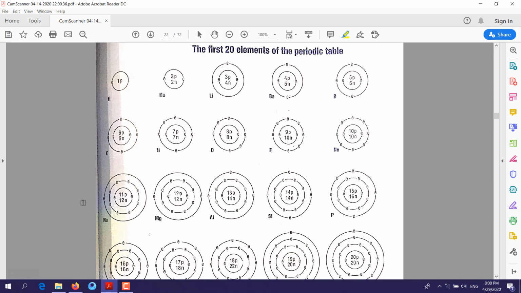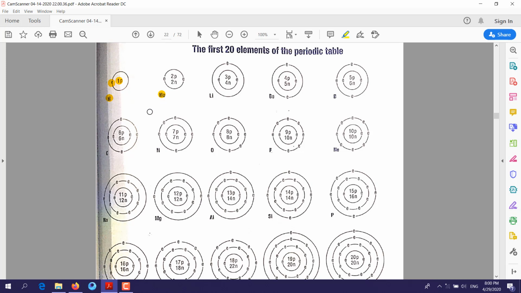For example, the first one, H, which is hydrogen. Hydrogen has 1p. What does that mean? It means one proton in the nucleus and one electron orbiting the nucleus.